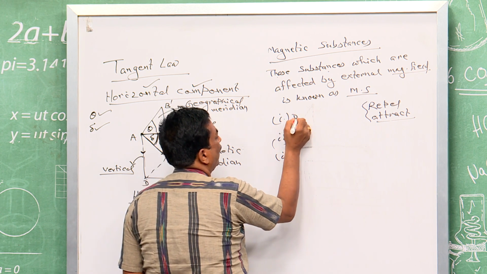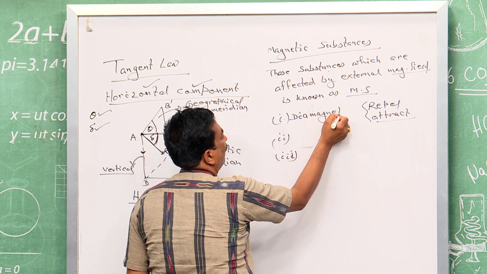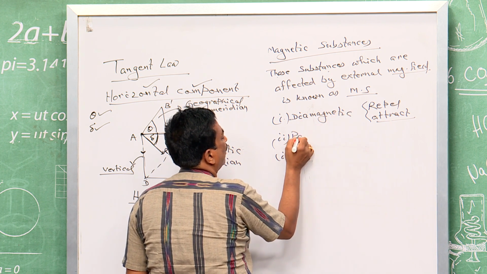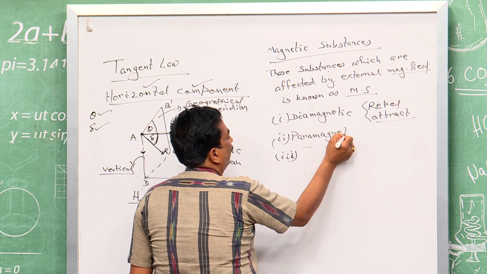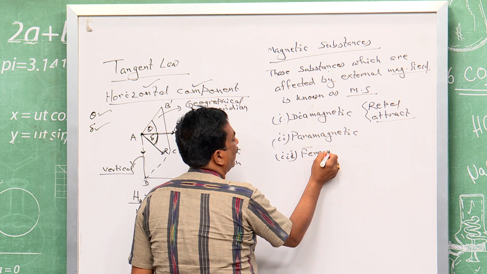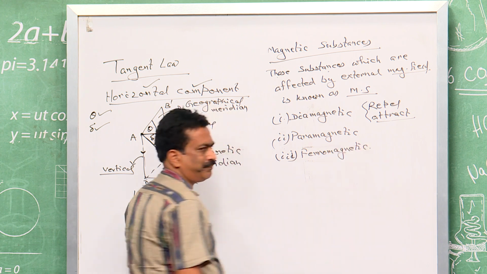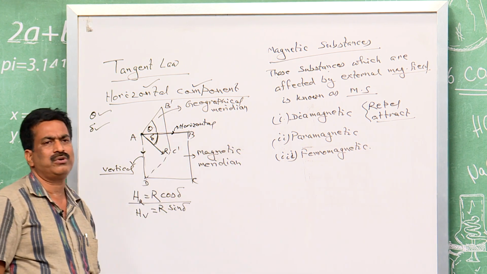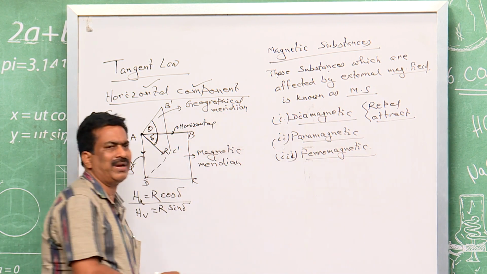One is the repel, that is diamagnetic. This is paramagnetic, and another one is ferromagnetic. So, these three things we have to discuss: diamagnetic, paramagnetic and ferromagnetic.